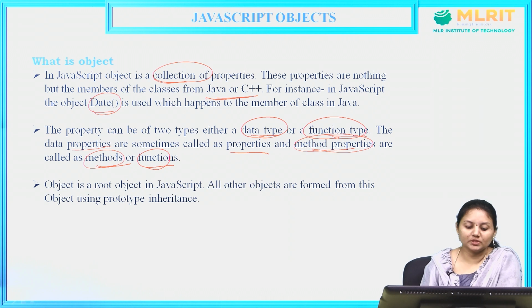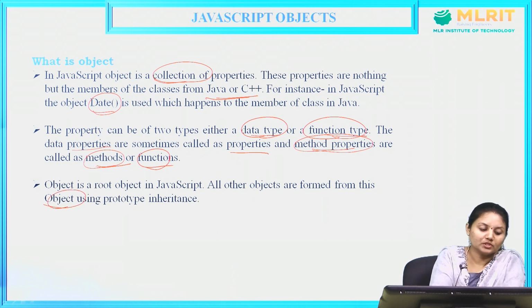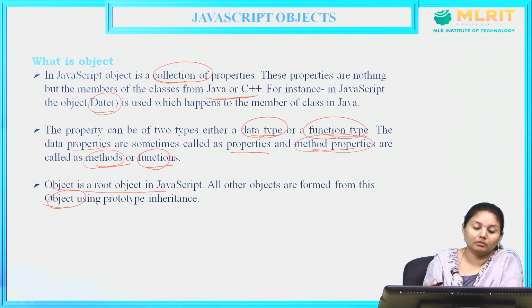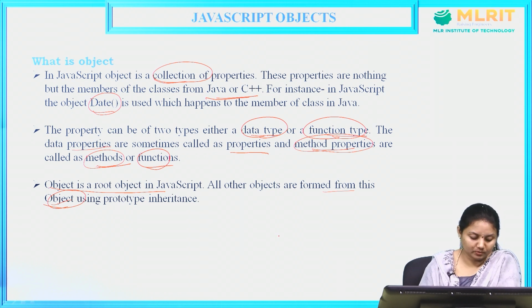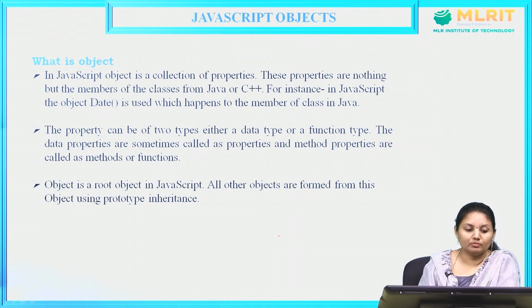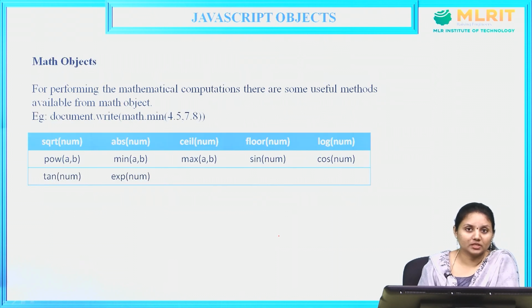Object is the root object in JavaScript, and all other objects are formed from this object using prototype inheritance. So first you have an object which is the root object, and from there all other objects are formed using prototype inheritance, meaning you call the other objects whatever you want. So, this is about the objects. We will have properties and methods.